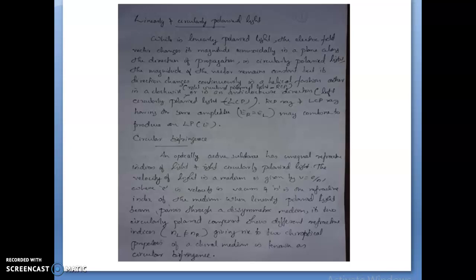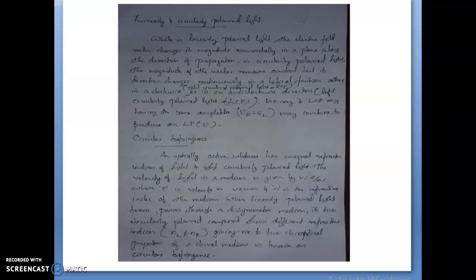While in a linearly polarized light, the electric field vector changes its magnitude sinusoidally in a plane along the direction of propagation, in circularly polarized light the magnitude of the vector remains constant, but its direction changes continuously in a helical fashion.